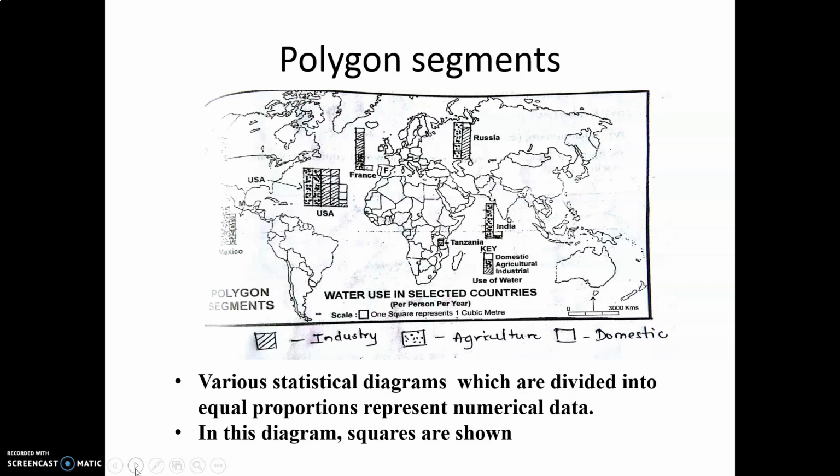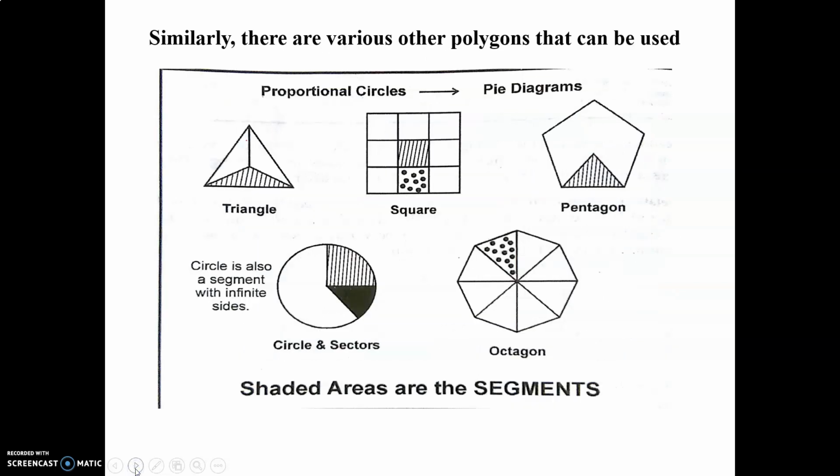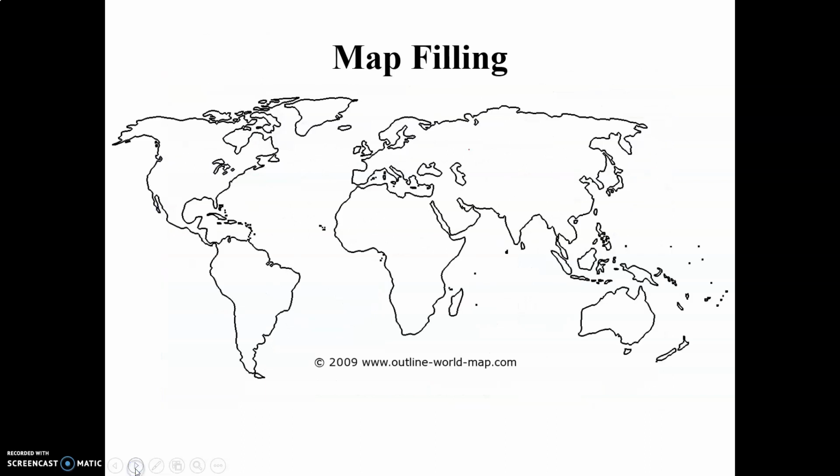Polygon segments can be any type of polygon which has equal proportions. If one block of it represents 5 units, 2 blocks will represent 10 units, 3 blocks will represent 15 units. Like that polygons are used in the map.